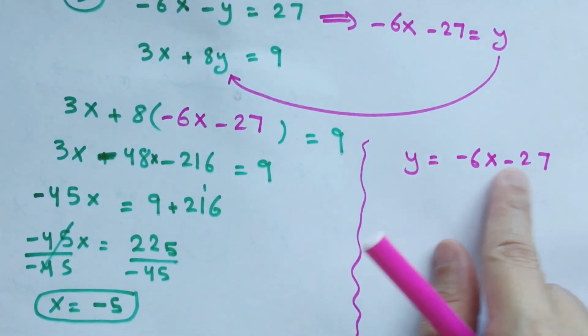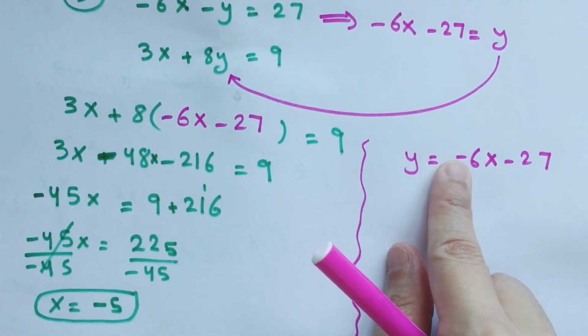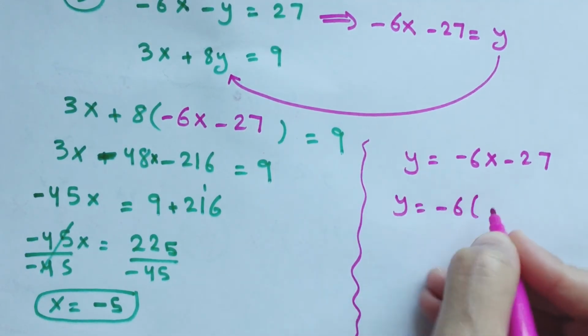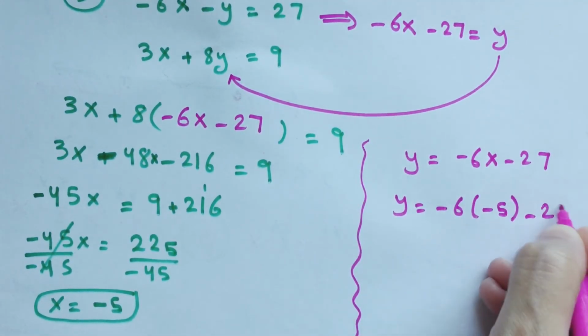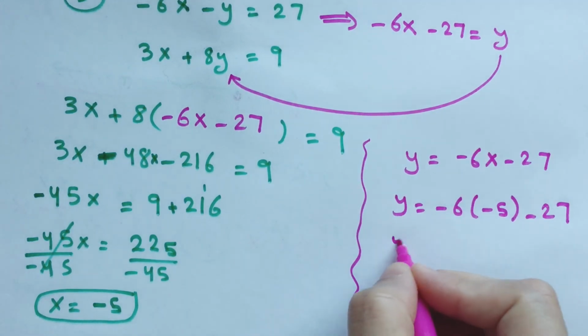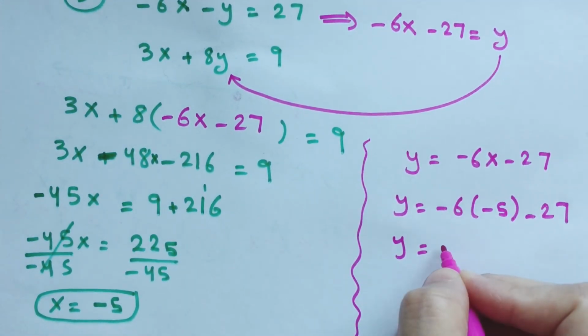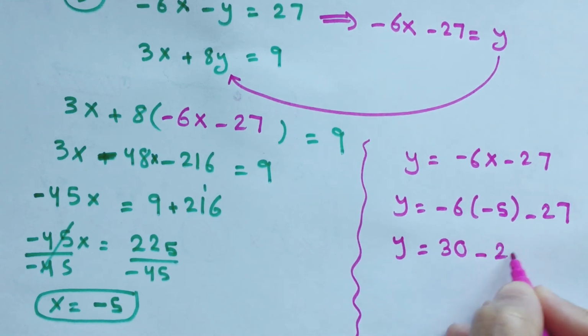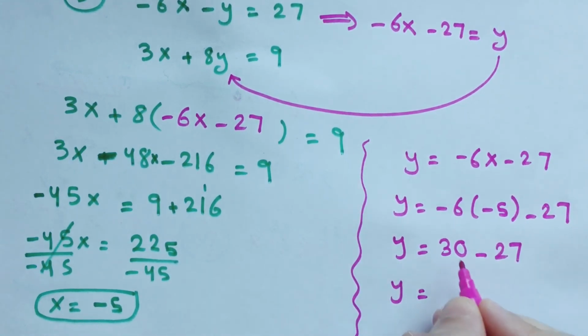So y equals negative 6 times negative 5 minus 27. So y equals 6 times 5 is 30, negative times negative is positive, minus 27. 30 minus 27 is 3.